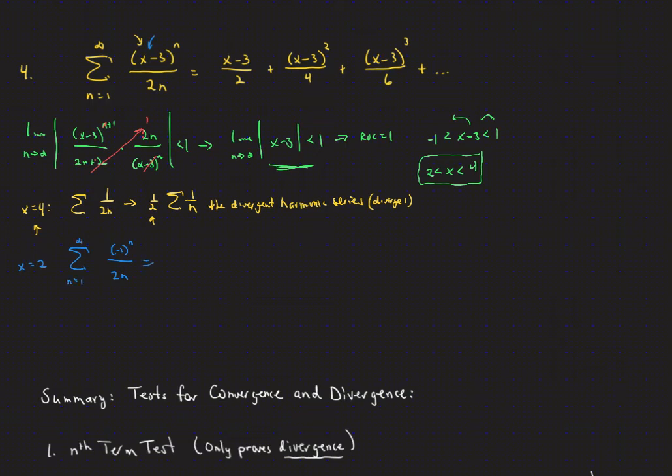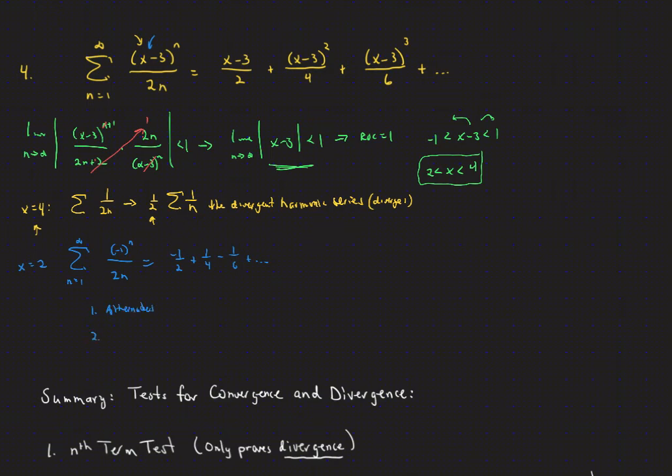If you want to write out a few terms, you don't really have to, but negative 1 to the first is negative 1 over 2. And then negative 1 squared is positive. Plugging in 2 will be 1/4. And then minus 1/6, and on and on and on. So we can see that the series alternates.